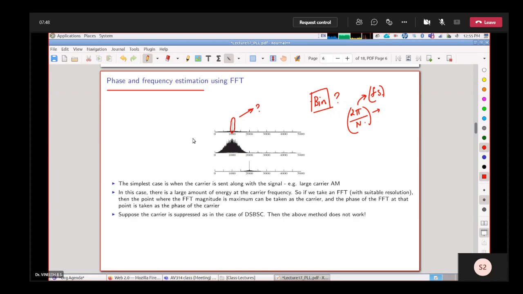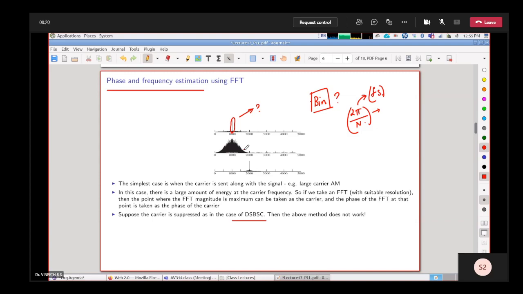So this is what we do, and then if we have a system where the carrier is suppressed, like in the case of DSB-SC, which we have already seen, then in order to get a significant carrier you might have to square the signal. When you square the signal, a carrier at 2 times the frequency is generated, and that helps you to get an estimate. The original frequency is this frequency divided by 2.